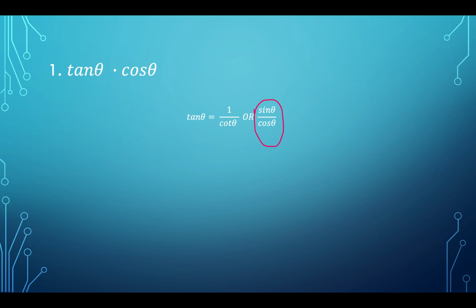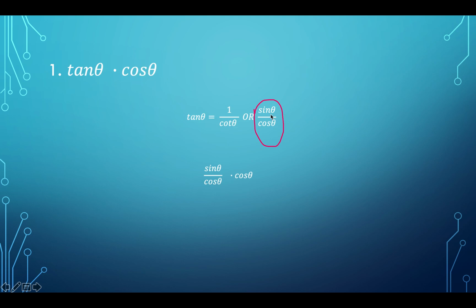Why would I want to use that? Well, you have to think a couple of steps ahead while still using the original problem. In the original problem, you're multiplying by cos of theta. If I use 1 over cotan theta, there's no way I could cancel out this cosine.